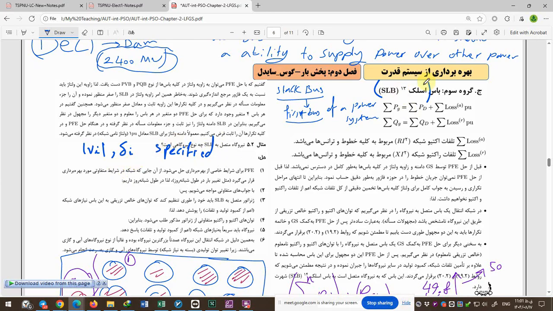For example, a slack bus has 1 per unit with an angle of 0.